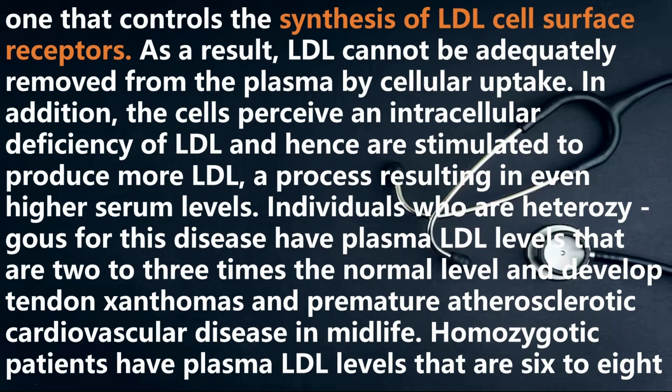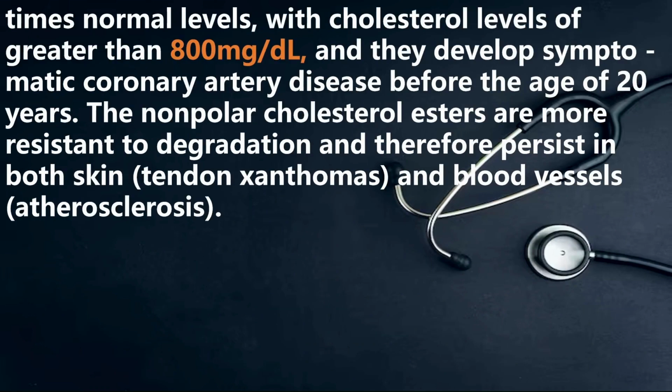Homozygous patients have plasma LDL levels that are 6 to 8 times normal levels, with cholesterol levels of greater than 800 mg per deciliter, and they develop symptomatic coronary artery disease before the age of 20 years. The non-polar cholesterol esters are more resistant to degradation and therefore persist in both skin or tendon xanthomas and blood vessels, as atherosclerosis.